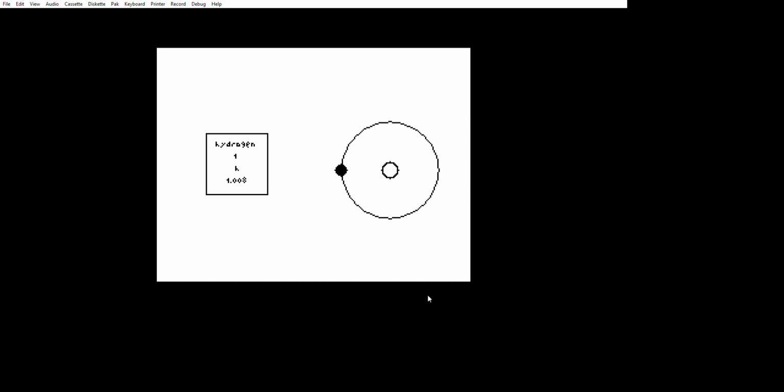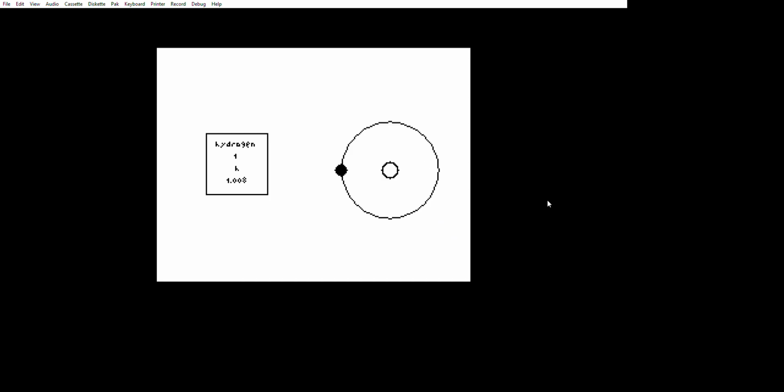They just make things worse. So this is a hydrogen atom. In the center is the nucleus, and each orbital can contain a certain number of electrons. In this case, hydrogen only has one electron in one orbital shell.